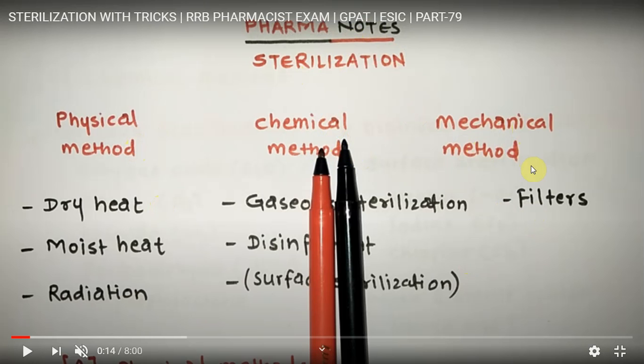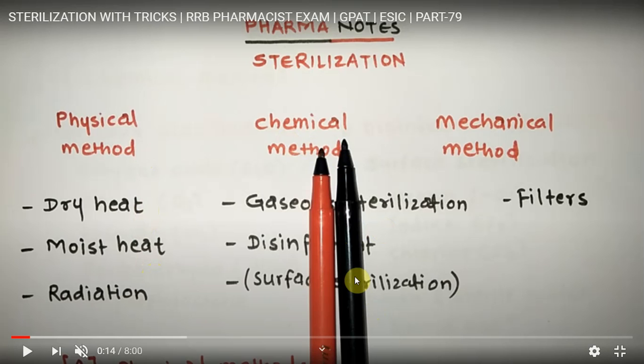Sterilization processes classified as physical include dry heat sterilization, moist heat sterilization, including the steam sterilization, and radiation. These are the three types that are categorized under the physical method.